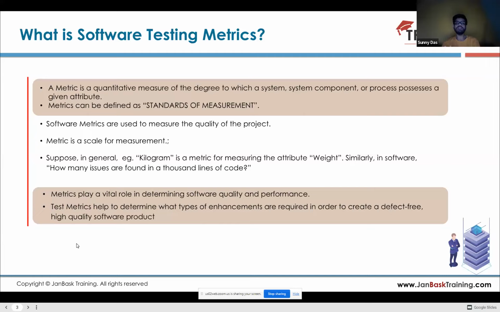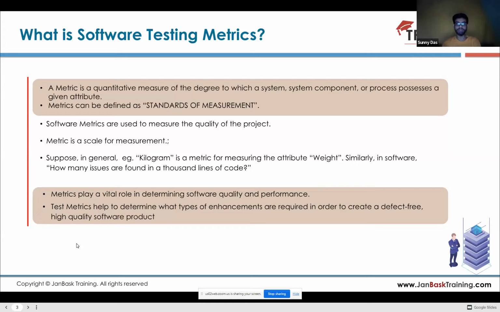Once the software is deployed, in production, suppose the customer has logged, say, 5 or 10 bugs. So now if you see, while you tested it you found and logged 20 bugs, but when it went to production, the customer found 10 more bugs.